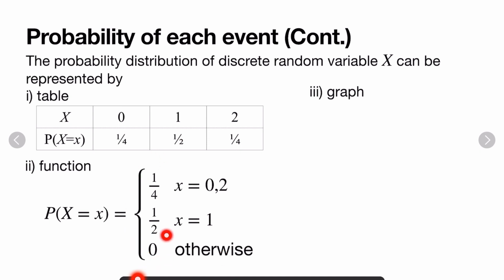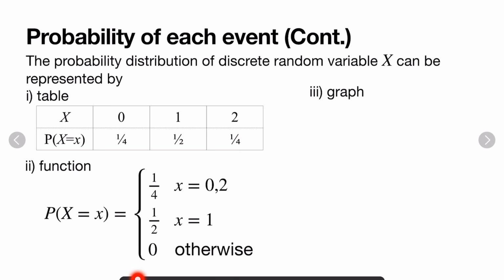These are the probabilities; these are the random variables. What does 0 otherwise mean? Other than the numbers 0, 1, 2, such as 3, 4, 5, 100, what's the probability? 0. You must write this, even though it's not in the table. Then it's complete, your function.